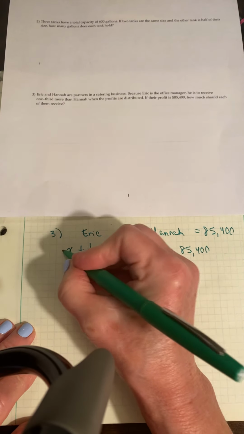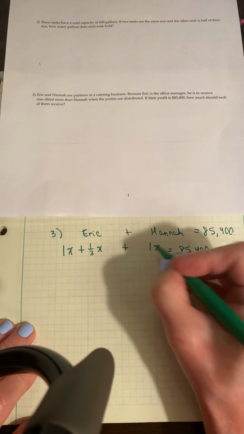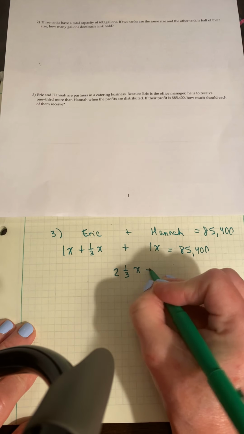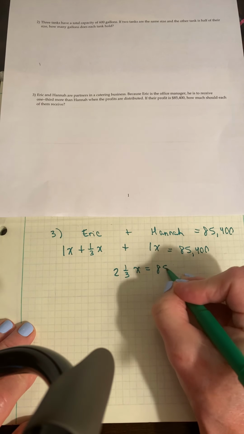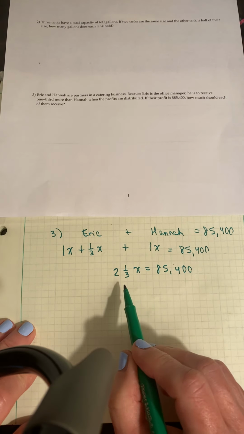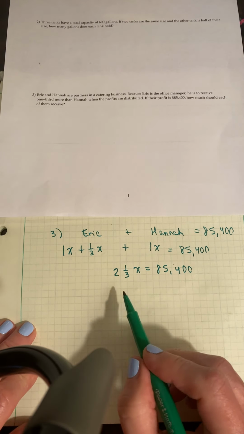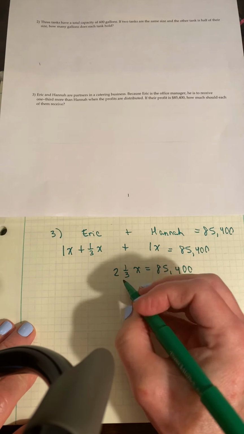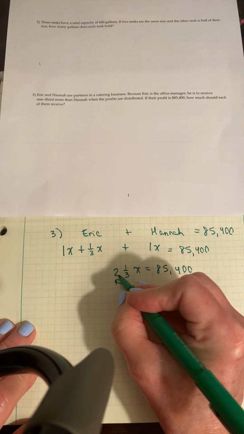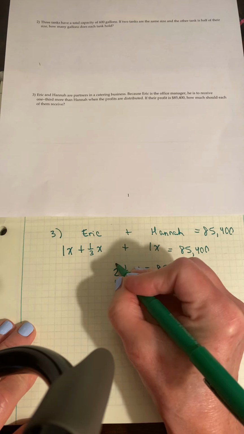Okay, so we add the like terms, 1 and 1. That's 2 1/3 X. Now, I'm not going to change this to a decimal because if I do, I'm going to have to round it and lose some accuracy. Let's change that to an improper fraction. 3 times 2 is 6, plus 1 is 7.